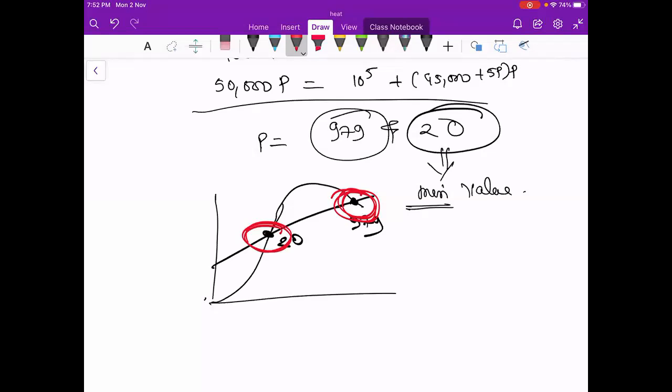It may be that your production cost is increasing. Yes, Ritik, you are right.